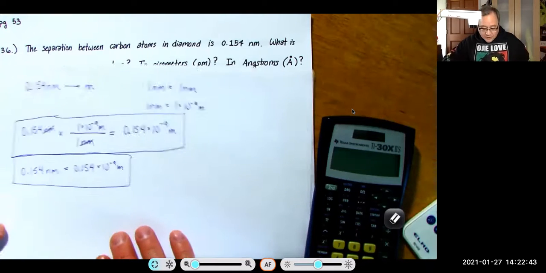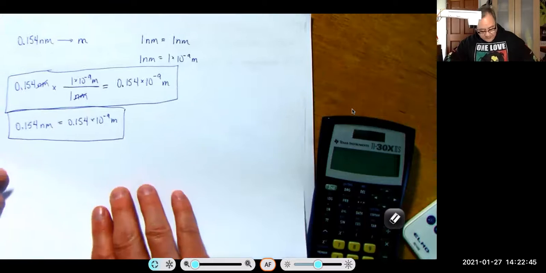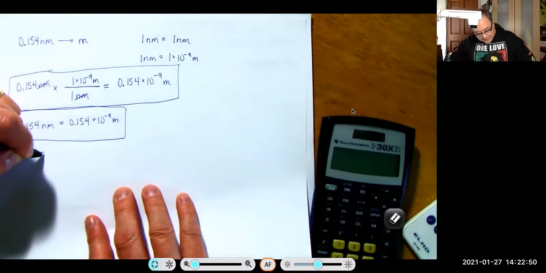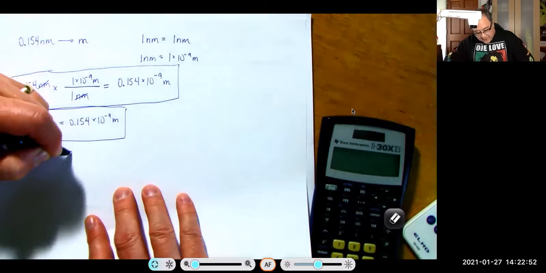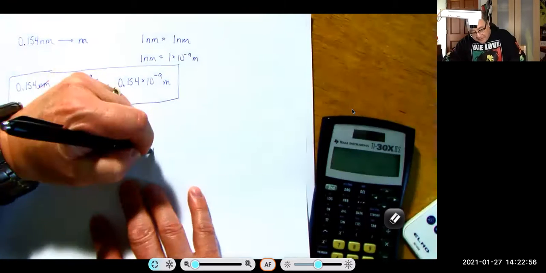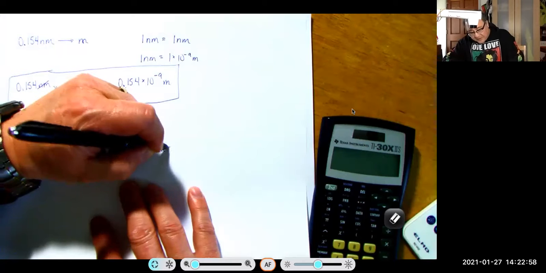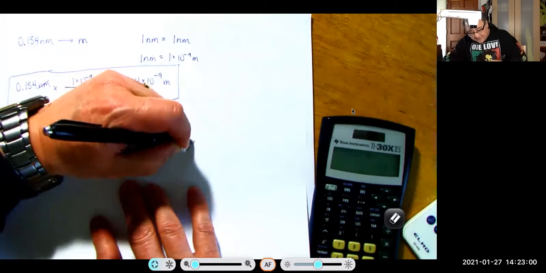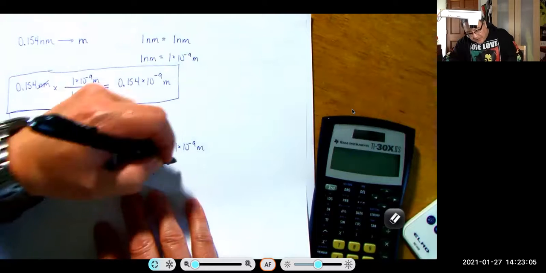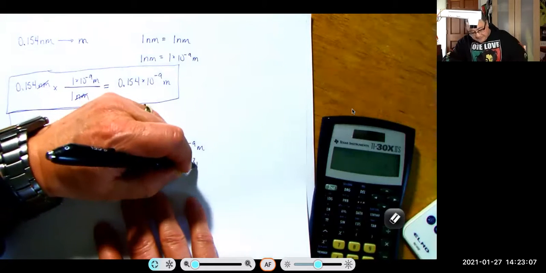Okay, let's change it into picometers. So for picometers, I'm going to take my nanometers, turn that into meters, and then turn that into picometers. And I know that 1 nanometer is 1 times 10 to the minus 9 meters. I know that 1 picometer is 1 times 10 to the minus 12 meters.